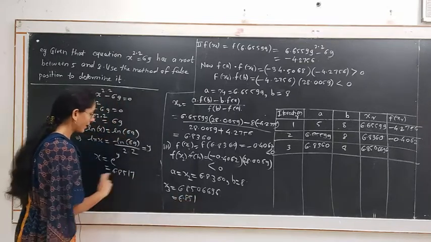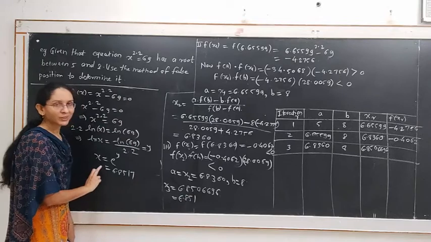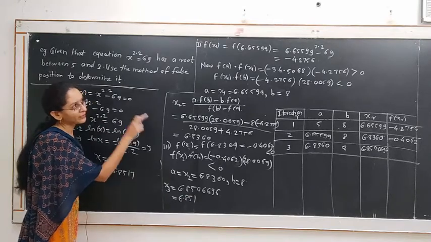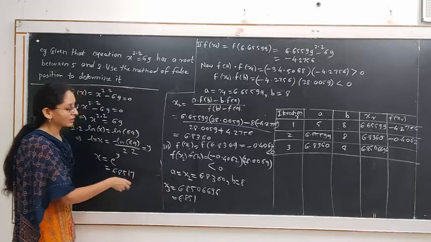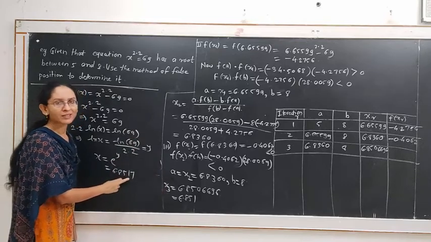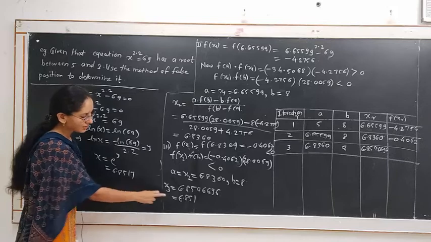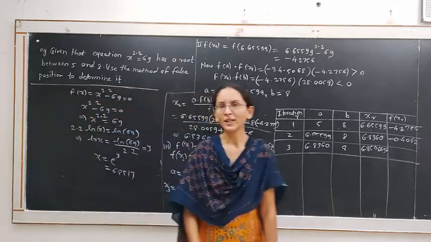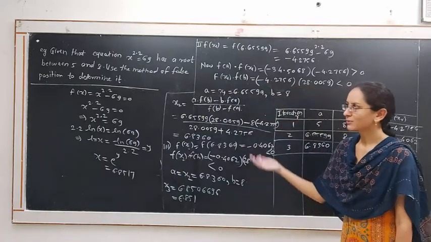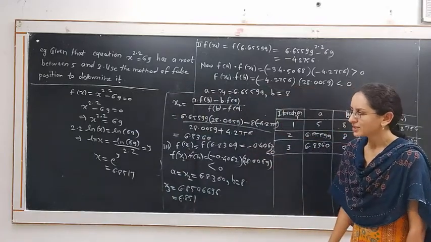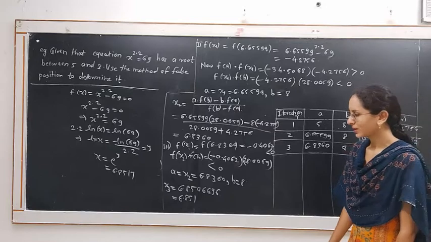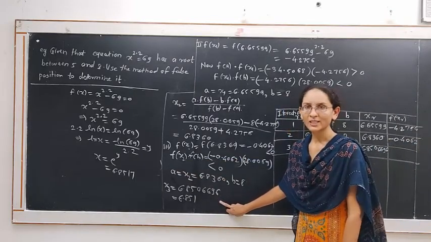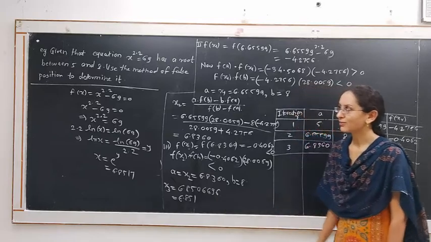Hence, these two values, the correct root of the equation and the approximate root obtained in the third iteration of the regula falsi method, are the same up to 3 decimal places. Therefore, we consider this as the root of the given equation f of x equal to 0, correct up to 3 decimal places.